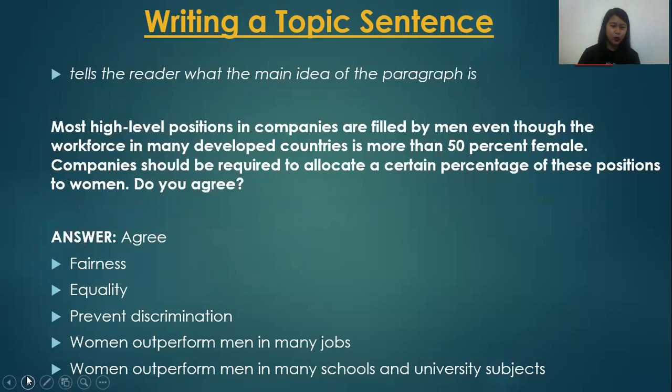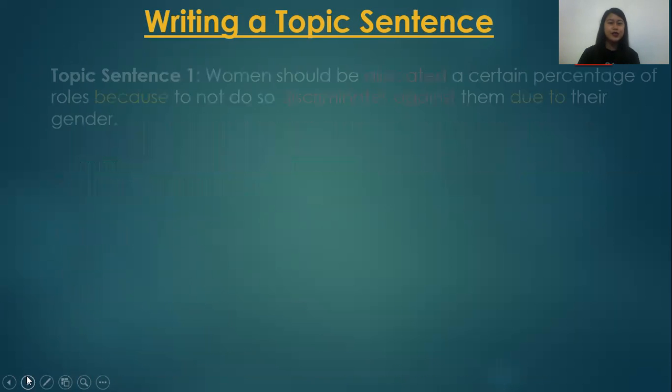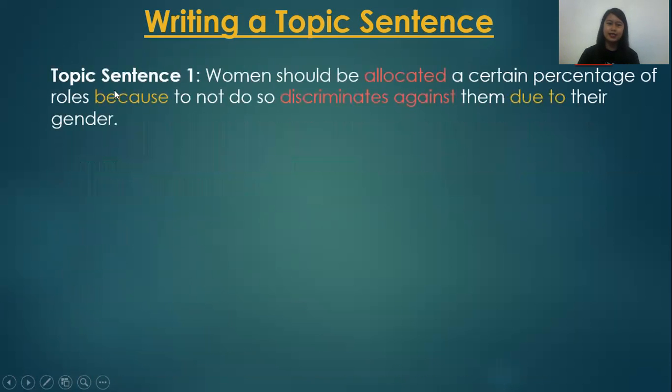So let's say we choose to prevent discrimination and women outperform men in many schools and university subjects as our 2 main ideas. So how do we write the topic sentence? For the first main idea, our topic sentence could be like this: women should be allocated a certain percentage of roles.